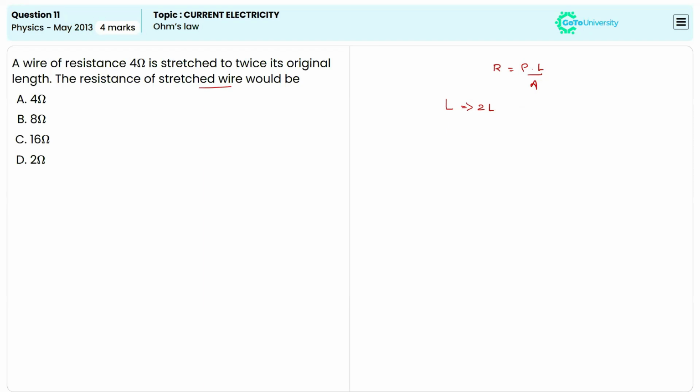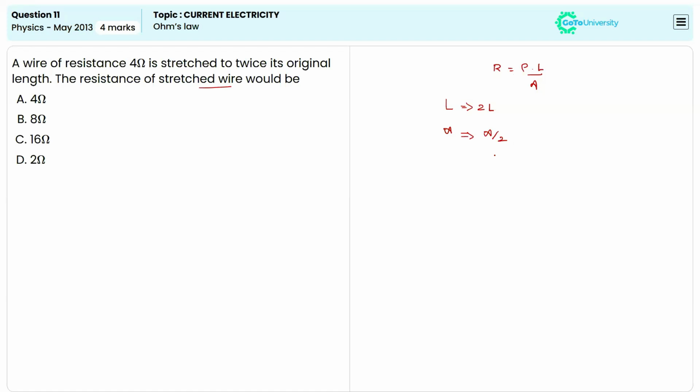So it's known that whenever it is stretched, there will be a change in its radius also. So the radius will reduce, and we can write if the initial area is A, after stretching, it can be written as A over 2, right?